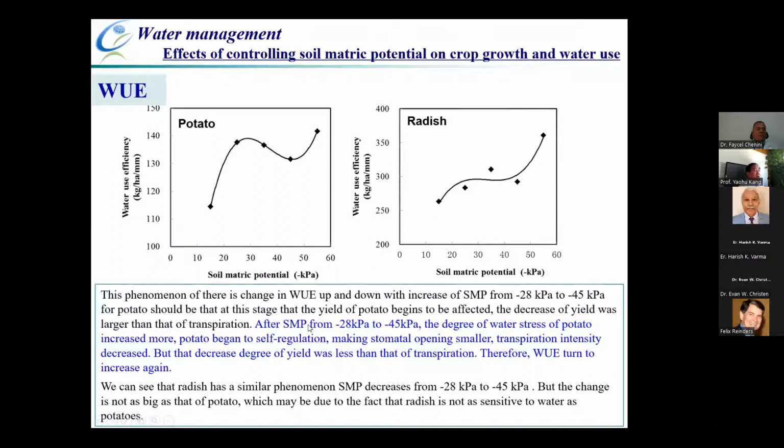After the soil moisture potential goes beyond this range, the degree of water stress of the potato increased more, and the potato began to self-regulate, making the stomatal opening smaller. Transpiration intensity decreased, but the decrease of the yield was less than that of the transpiration. Therefore, WE turned to increase again at this point.